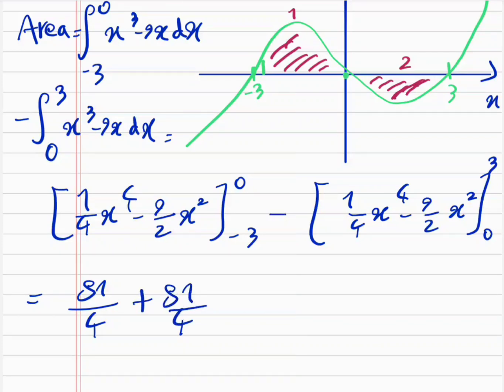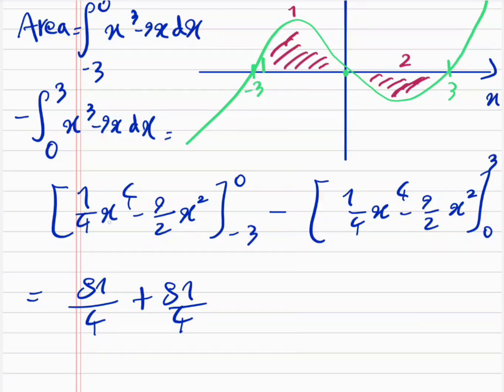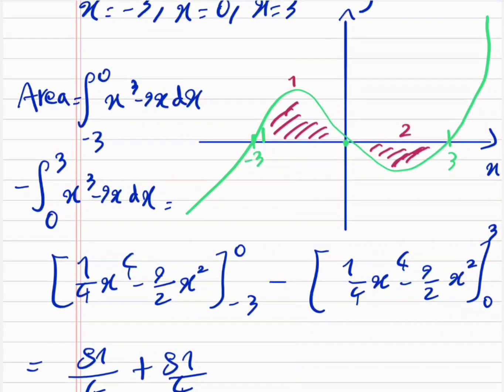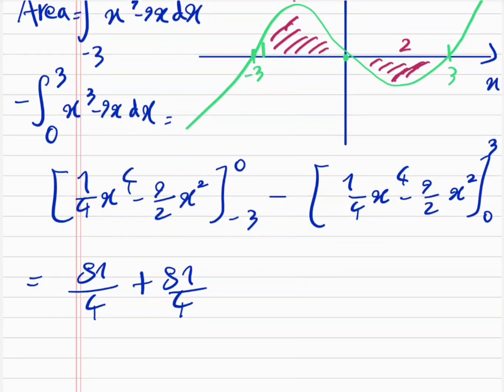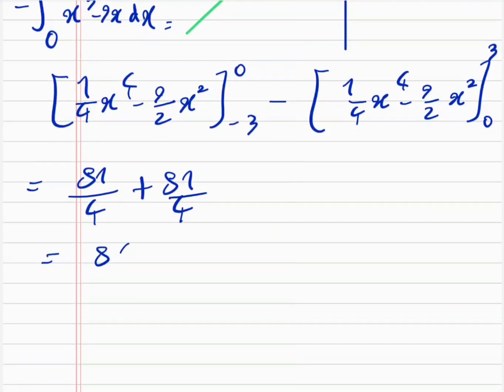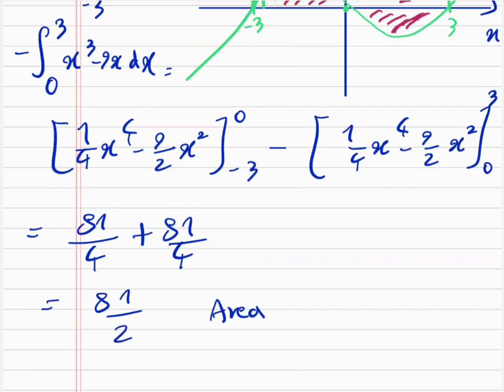And the reason that we got exactly the same values for both of these calculations is because this curve is symmetric. So that's why the magnitudes are equal. Anyway, the answer here is equal to 81 over 2. So that's the total area.